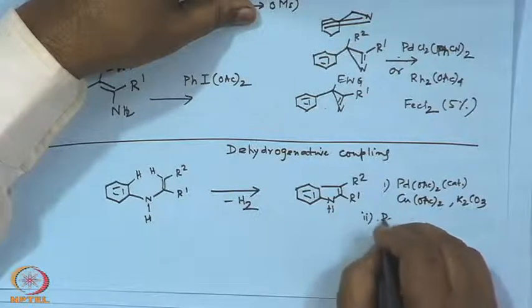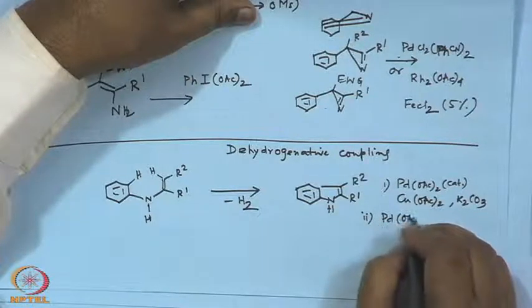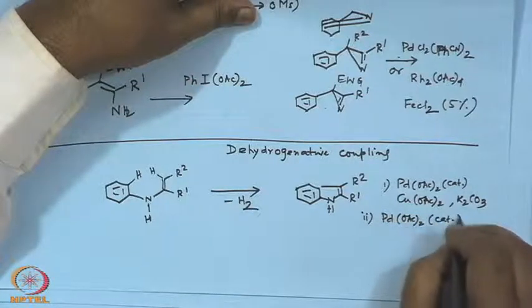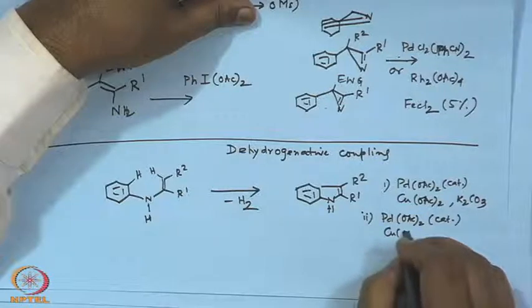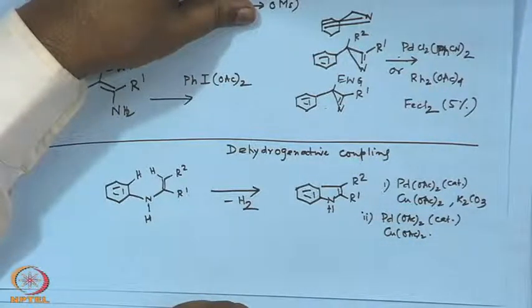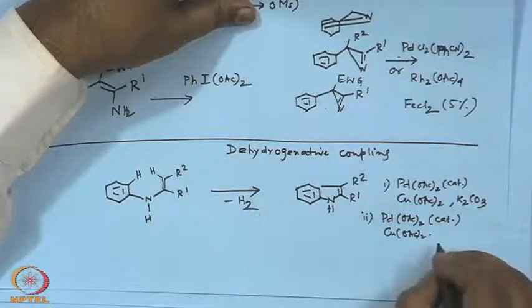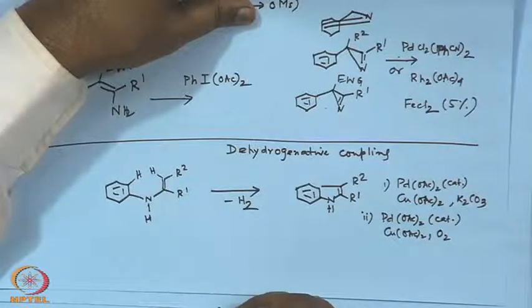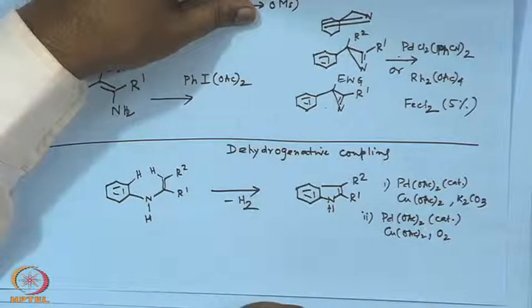Let us say the second one, you will see, is a little better in the sense that you use palladium, once again a catalytic amount, then cupric acetate is again a catalytic amount, and the stoichiometric oxidant, what we call the terminal oxidant, is oxygen itself. So, that means this second one is a better one.